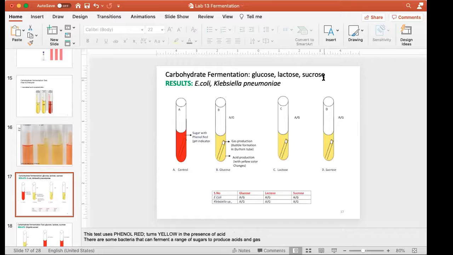Now, I just told you that when we say something ferments lactose or ferments sucrose, what they're really using is the glucose that they're getting out of the lactose, that they're getting out of the sucrose. So why look at glucose? This is almost like a double check. We're going to double check that they are capable of fermenting the glucose. Remember, we also saw the OF test this week: oxidative, fermentative.